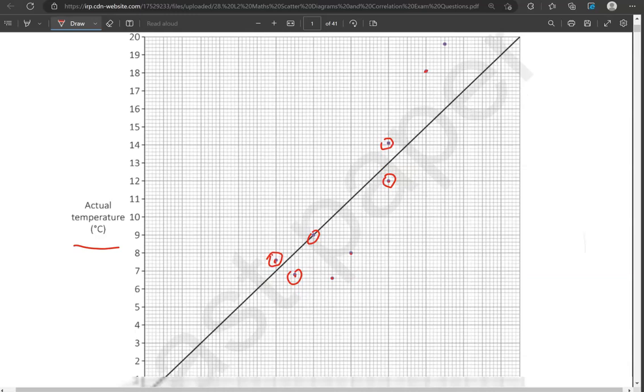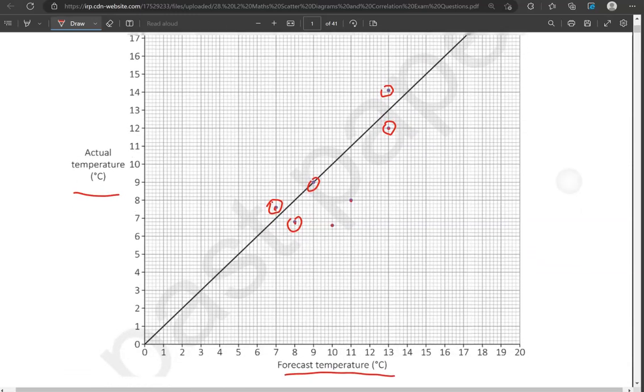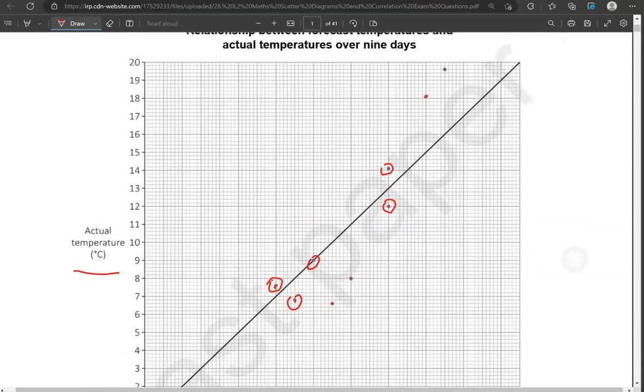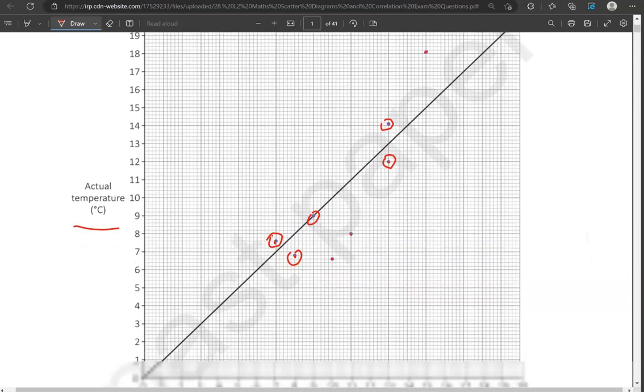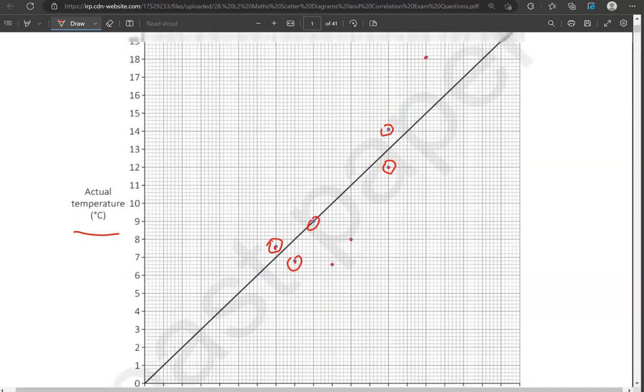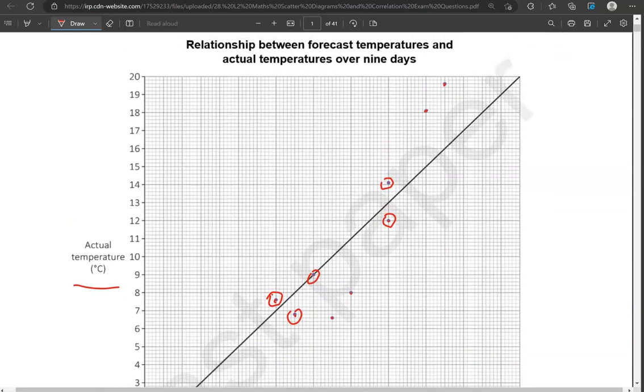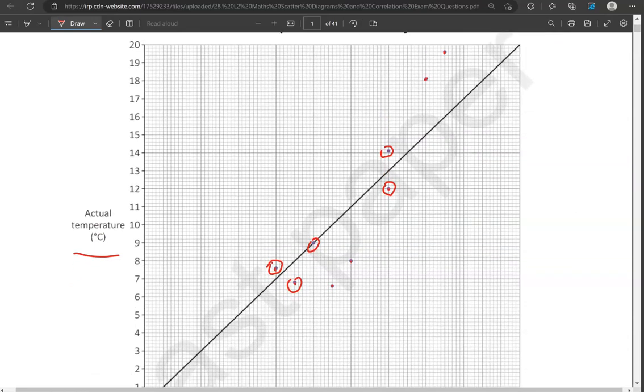This one, forecast at 15 degrees, but it was 18, so not accurate. This one, forecast at 16 degrees, but it was nearly 20. So again, not accurate. So how many of them in total were accurate?